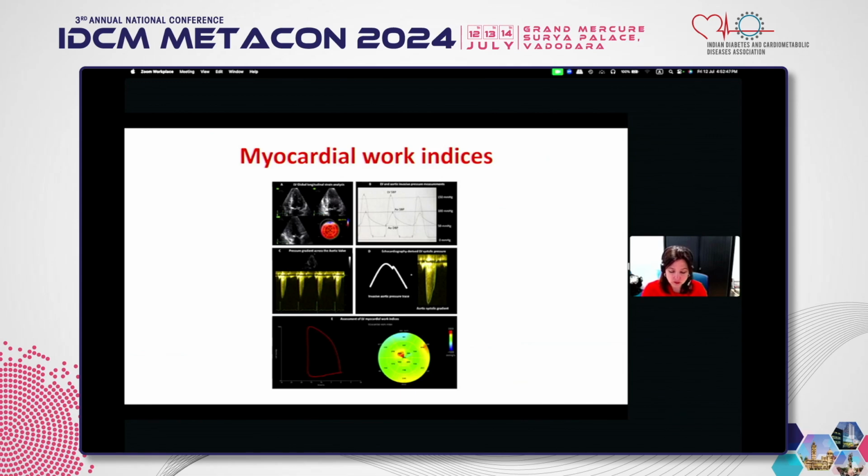So in this case, we could correct eventually for a gradient of the aortic valve, add this to our calculation, and correct therefore the strain also for the afterload. But this is again a little bit more on the research level at the moment.